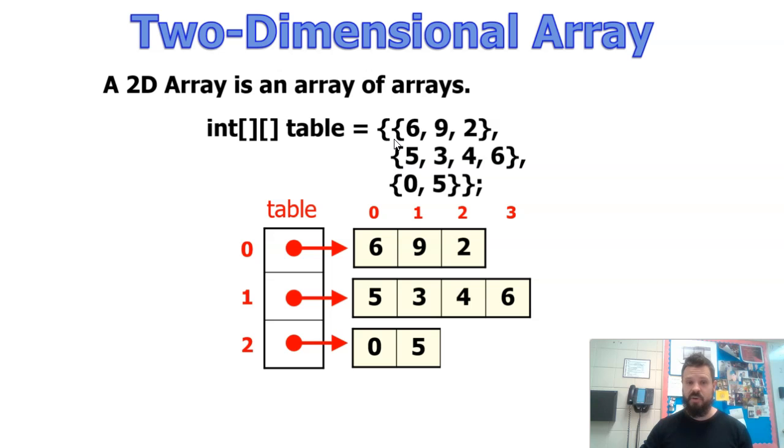So it looks like I'm making a 2D array with 3 arrays in it, with an extra set of curly braces to surround the whole thing. That would result again in a single dimensional array pointing to 3 different single dimensional arrays.